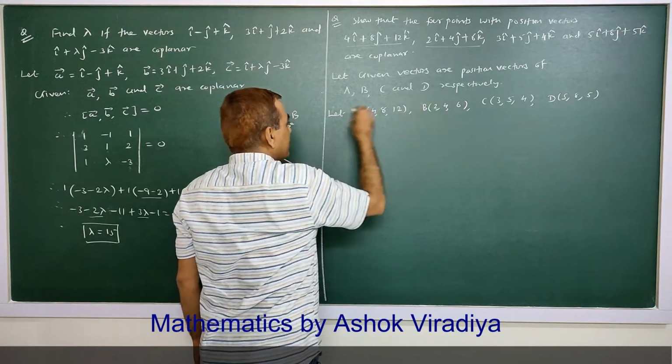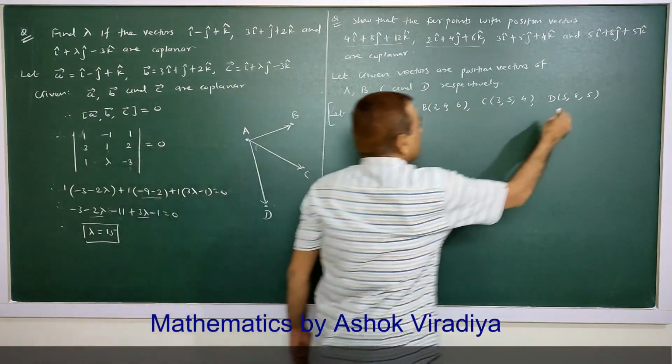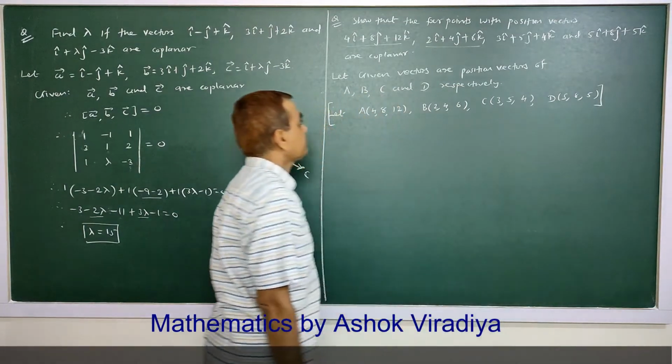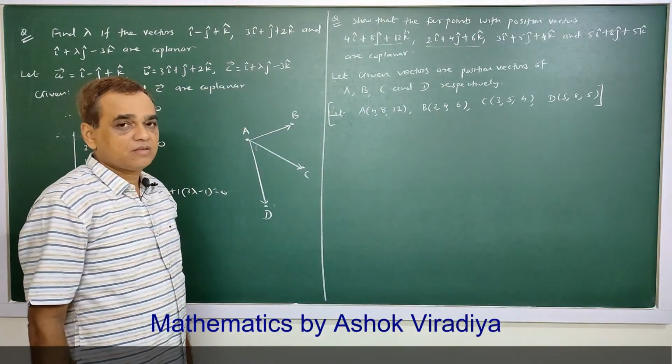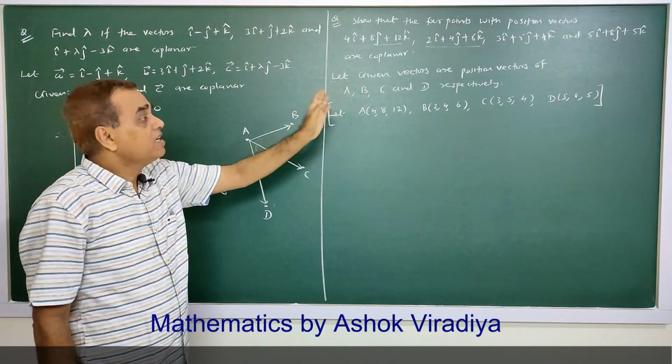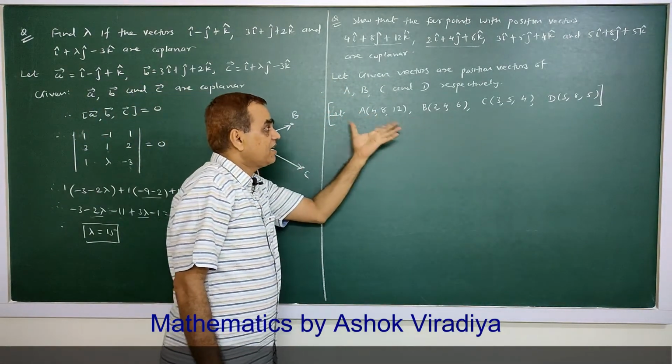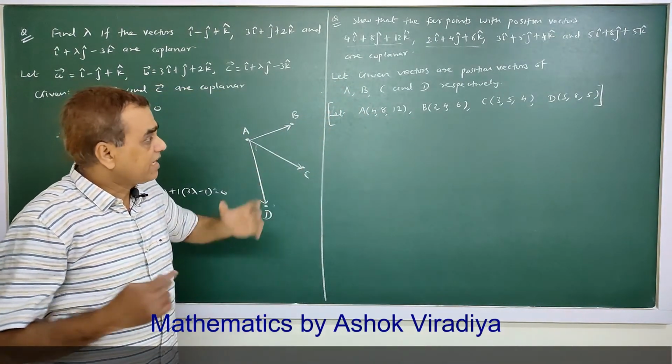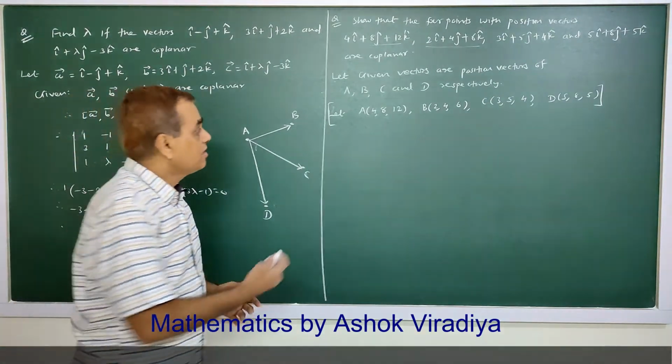This statement we can also put by this method. So these are position vectors of these 4 points A, B, C, D, and the coordinates of A, B, C, D are taken by these triplets.